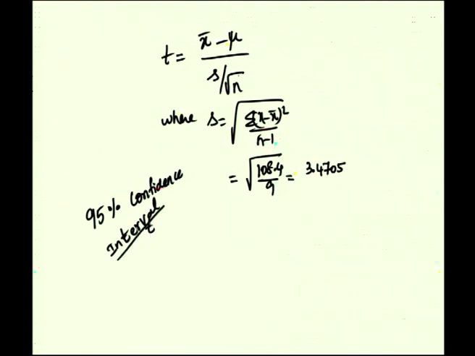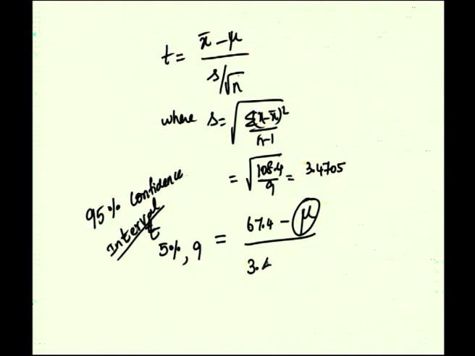alpha is 5%, therefore, t is taken at 5% and degrees of freedom is n minus 1, n is 10 here, therefore 9. This is equal to our x bar value 67.4 minus mu, since mu only we are finding, that has to be kept fixed as it is, divided by s, which is 3.4705 divided by root of 10. So, just cross multiplying, we have the table.